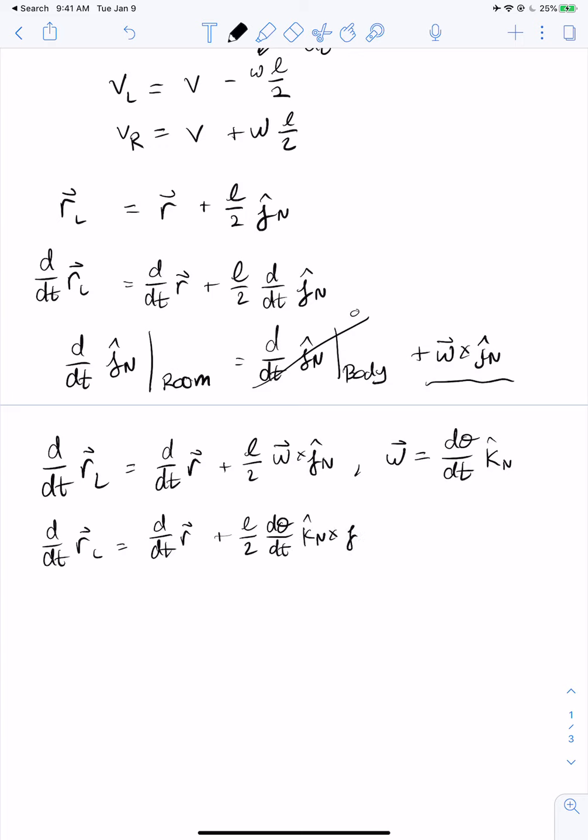k hat n cross j hat n. Okay, and here's where you'll see the really cool stuff happen. So if I use my hands, I point my index finger along the k hat Nito axis and my middle finger along the j hat Nito axis. I find that my thumb is pointing in the negative i hat Nito axis. All right, so this whole thing is just negative i hat Nito.